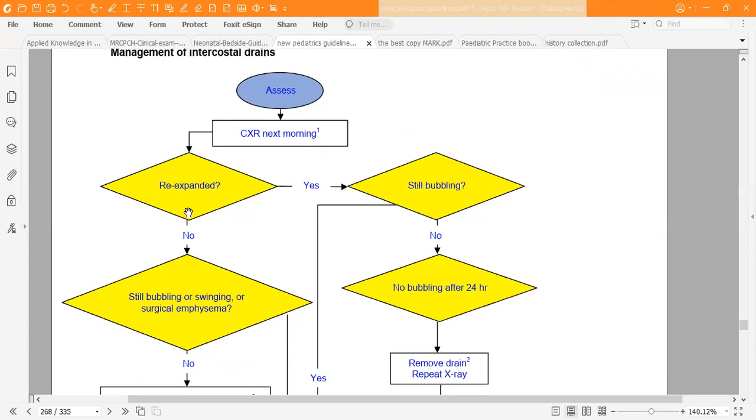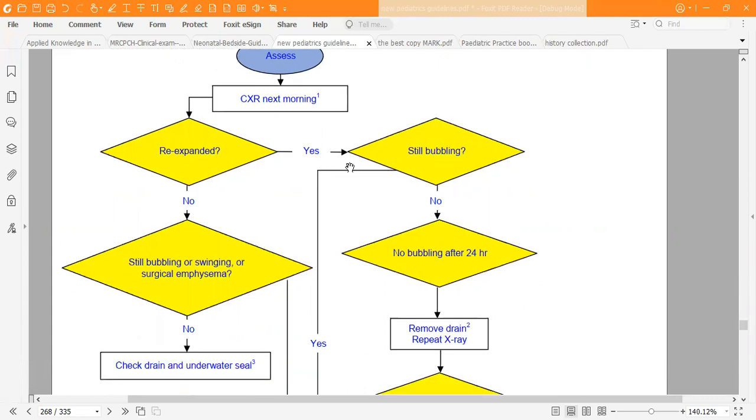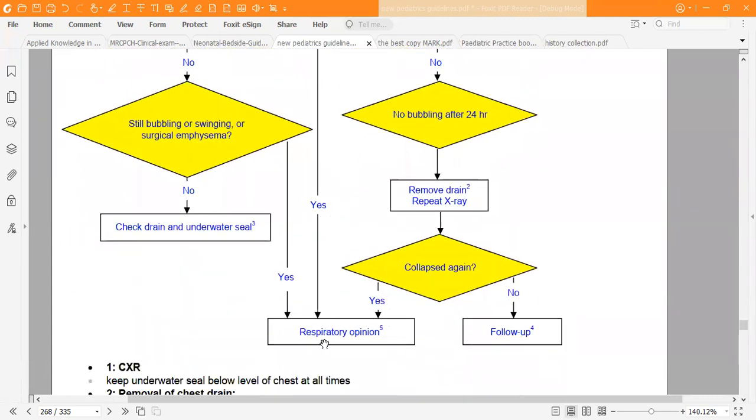If you find re-expansion of the lung and the system is still bubbling, yes, you will go for a respiratory opinion for your next step.